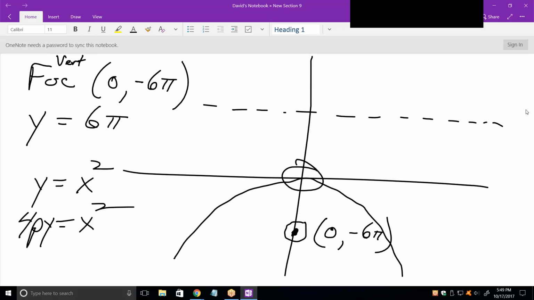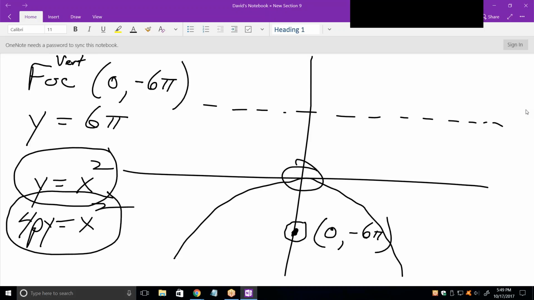The 4p always goes in front of the variable that is not being squared. So once you figure out that that's the standard, then stick your 4p in front of the y. If you figured out that this was an x equals y squared parabola, then you'd stick your 4p in front of the x.